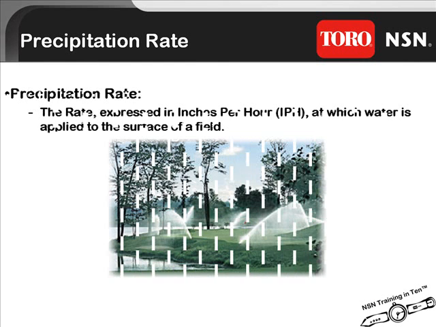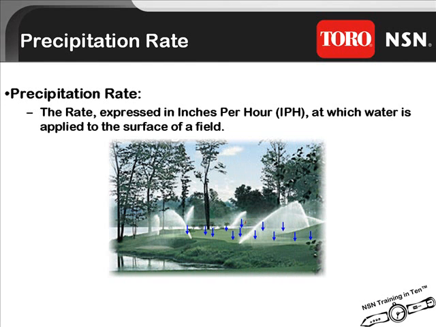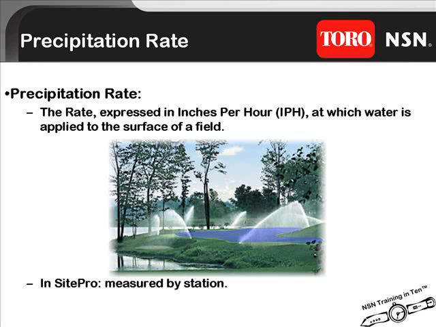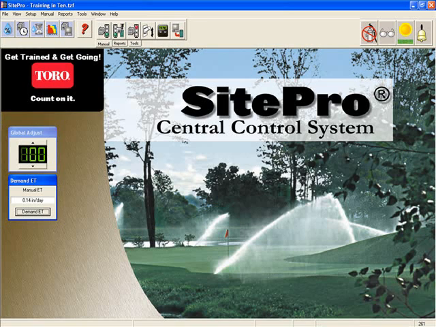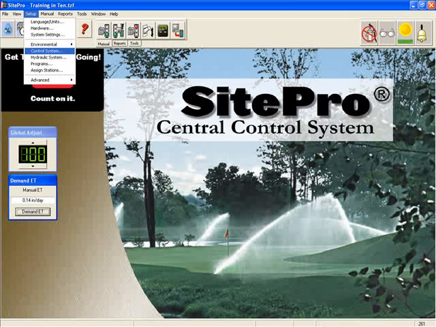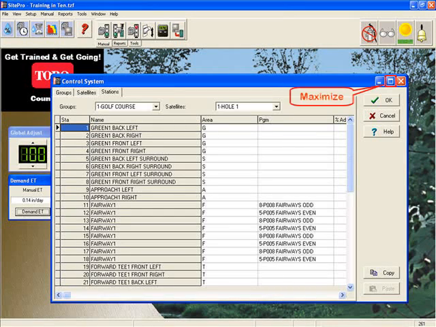Precipitation rate is the rate, expressed in inches an hour, that water is applied to an area or a field. In SitePro, this rate is measured independently for each station in the control system. Navigate to the control system station screen from the Setup menu, and then maximize the screen so that you can see more data at once.